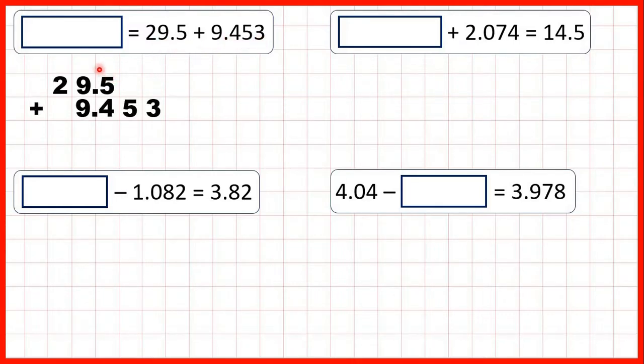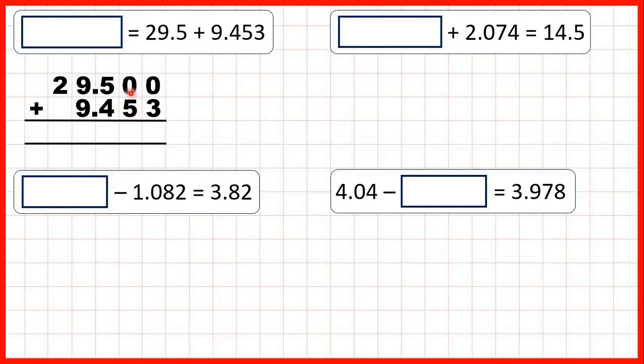But because we're adding decimals, we need to remember that we don't line the digits up on the right hand side. Instead, what we do is line up the decimal points, because if the decimal points are lined up, then the place values in our question, so our tens, ones, tenths, hundredths and thousandths, will be lined up as well.